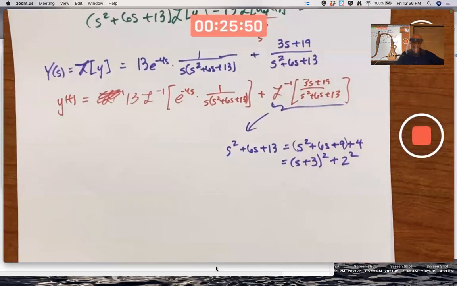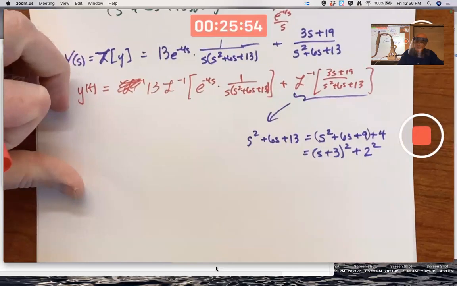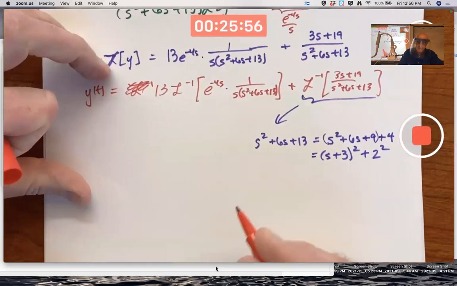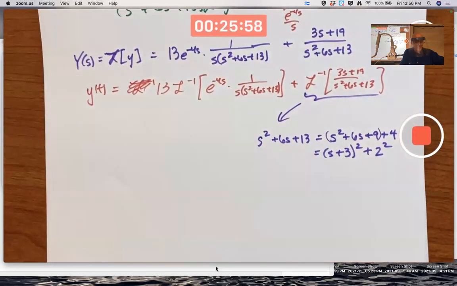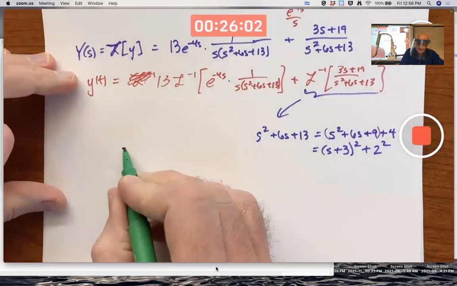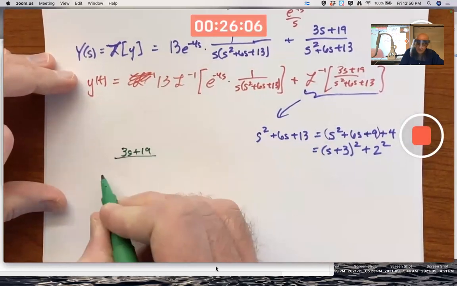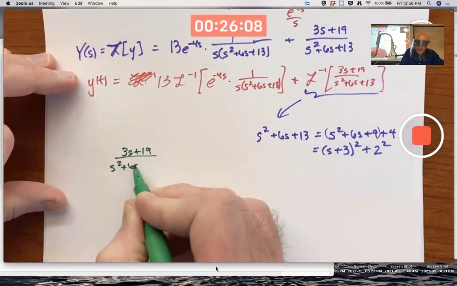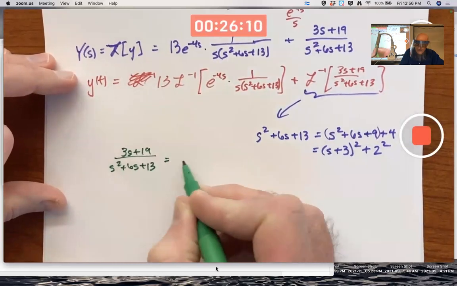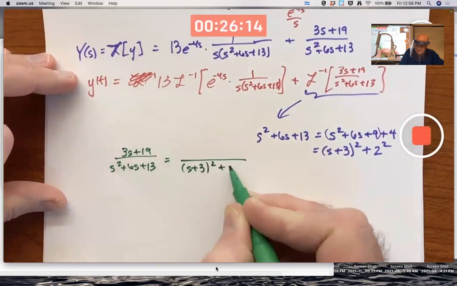Well, this is always super tricky. What I also want to do here to help me finish this is think of that fraction 3s plus 19 over s squared plus 6s plus 13. I've already rethought of the bottom as being s plus 3 quantity squared plus 2 squared.